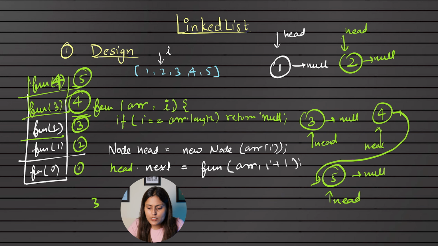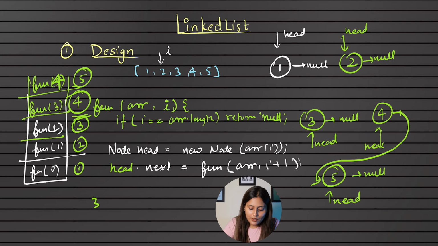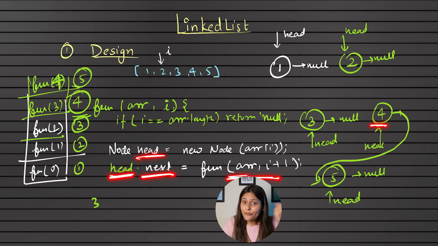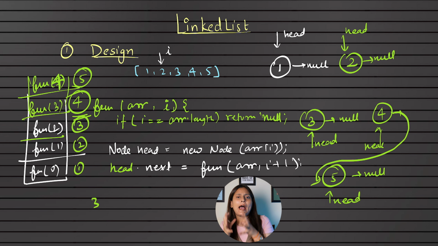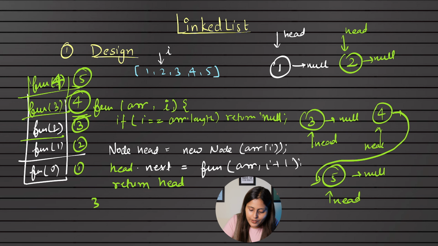But I want to save this. What is this? Can I say this was nothing but head? Because for head 4, in its next you saved 5 and you want to return it back, and you have head. So definitely we will write return head here.